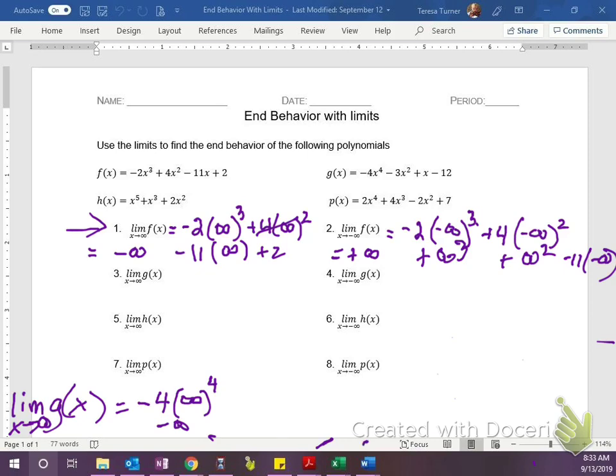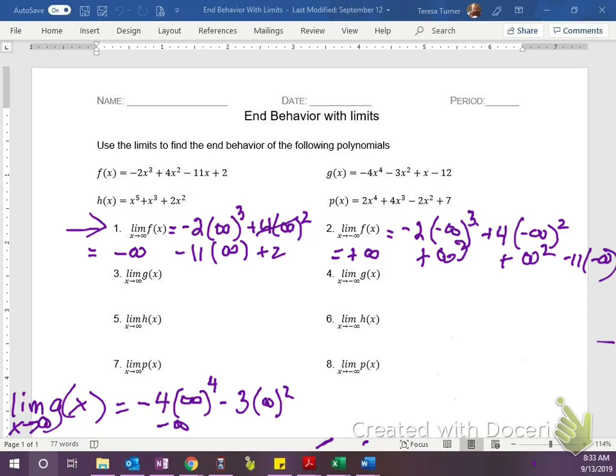Then we have negative 3 infinity squared. Positive infinity squared is positive, but we multiply it by negative 3. So now we're subtracting more negative infinity. Now we're more negative infinity. Let me erase that.